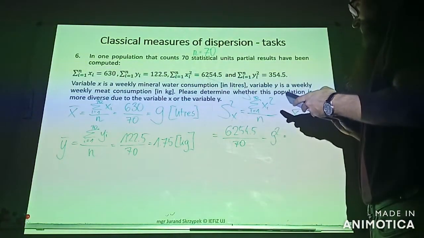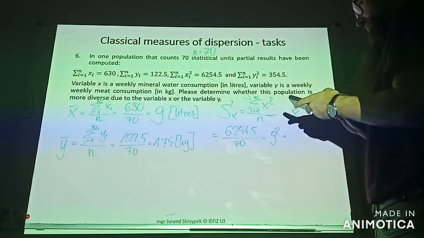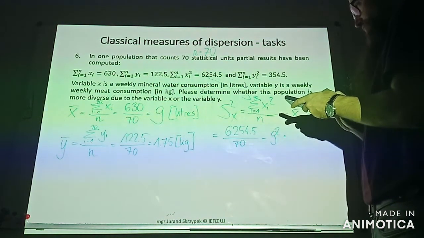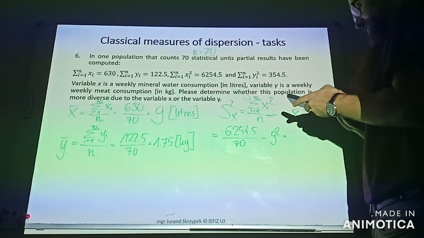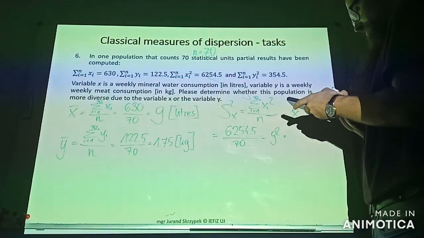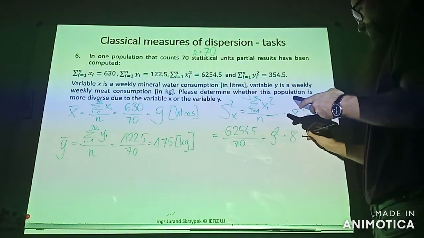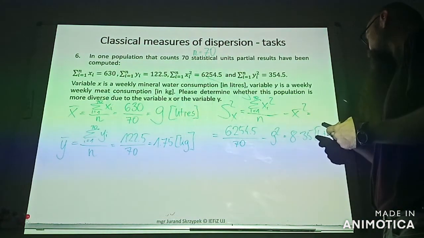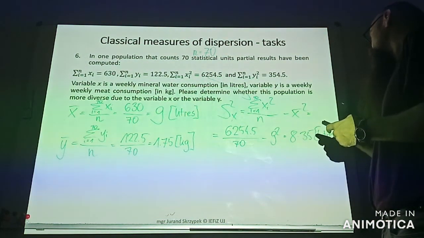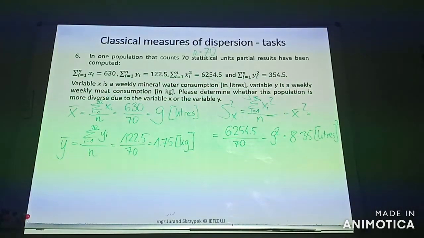And the final result: 6,254.5 divided by 70 minus 81 is 8.35 liters squared.